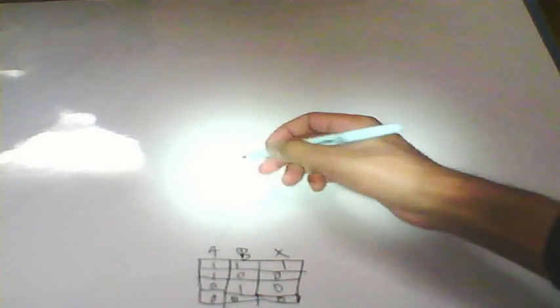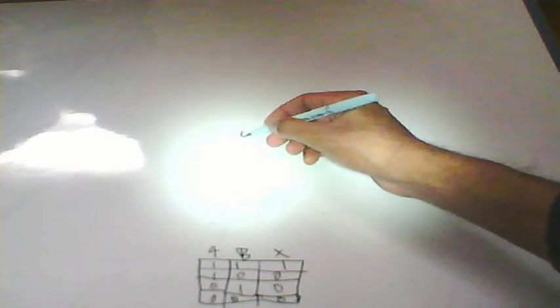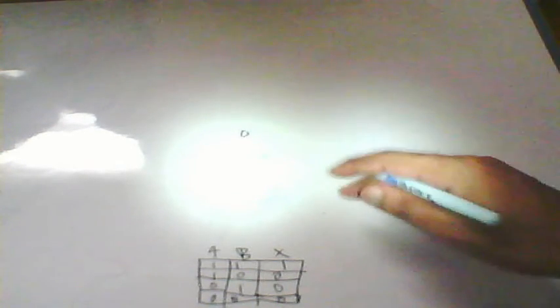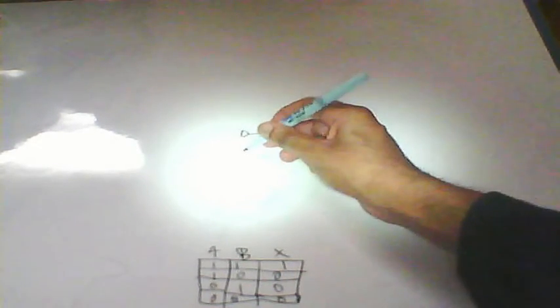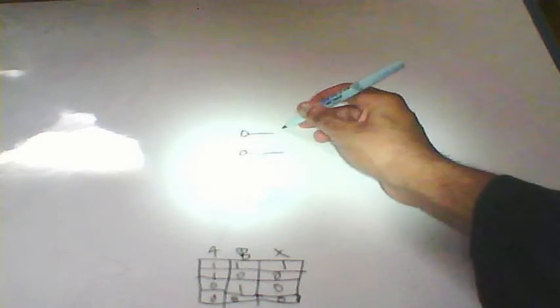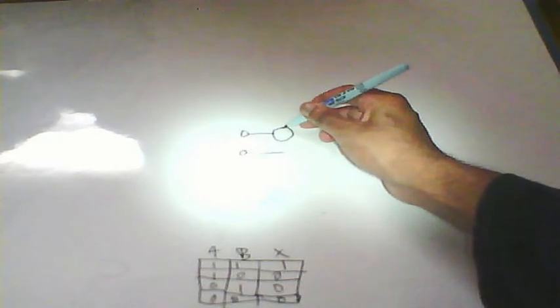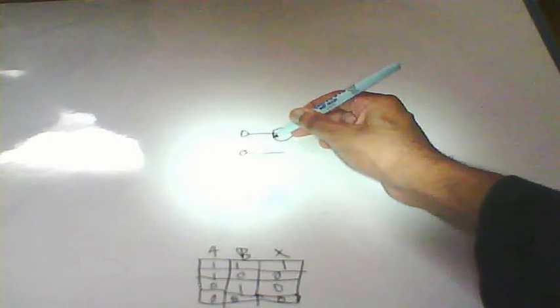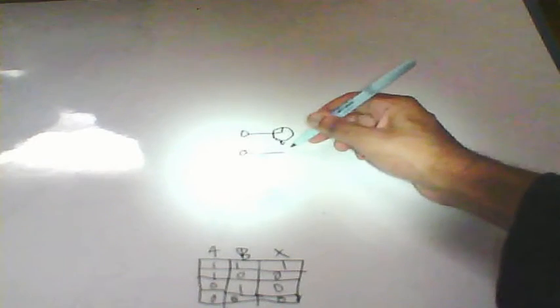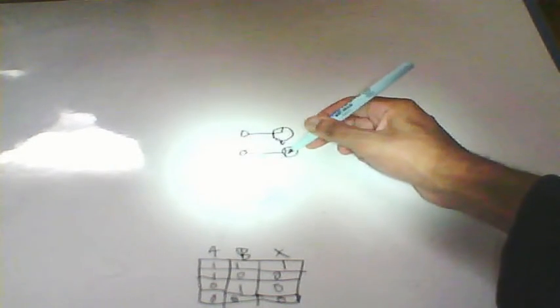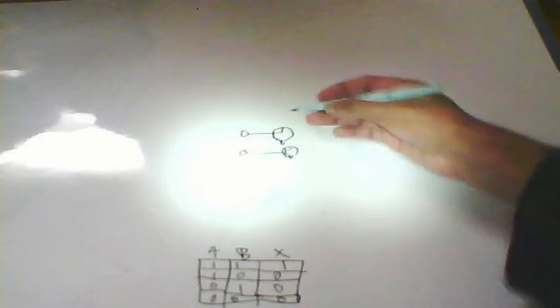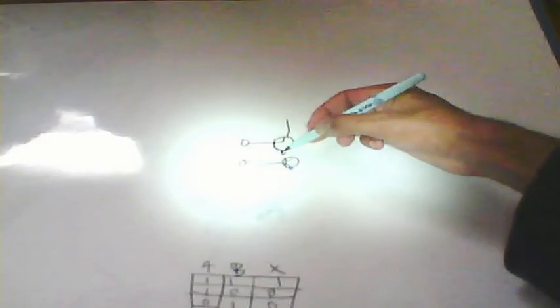We have our input here and our input here, and they're hooked up to two separate transistors. And then we have wire going through here.